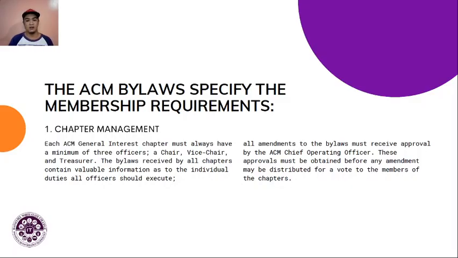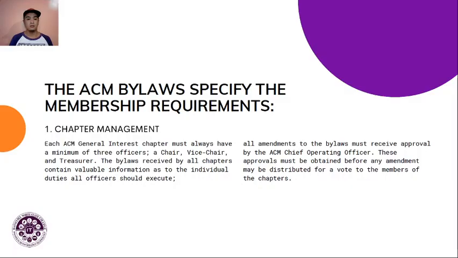So you have the chair, that's the head of the gang, the leader, the captain maybe, right? You also have the vice chair. You also have the treasurer, and actually there are a lot of positions that have to be filled by people.